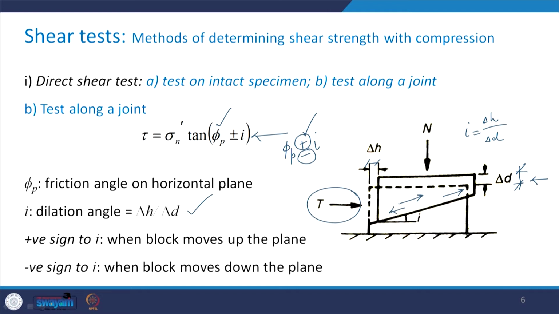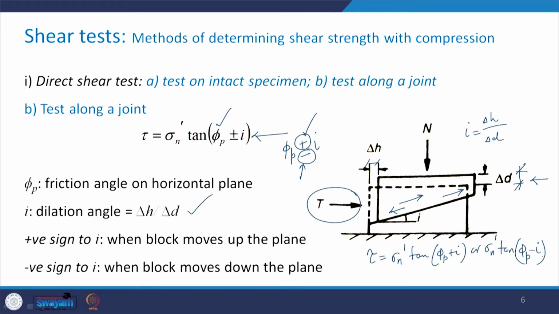So, in that case, when the block moves down the plane, you have to take negative sign to I. So, based upon the direction in which the block is moving or in which the shear force is being applied, accordingly this tau will be either sigma n prime tan of phi p plus I, or it will be sigma n prime tan of phi p minus I.